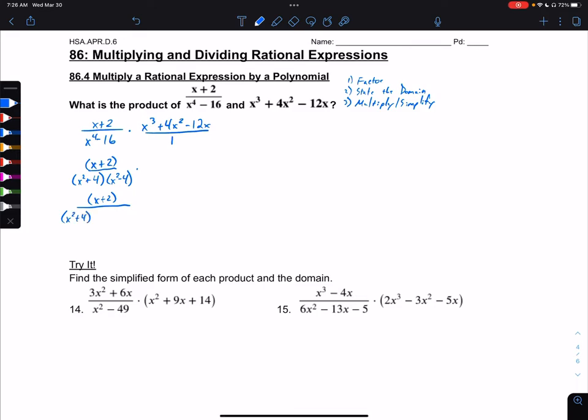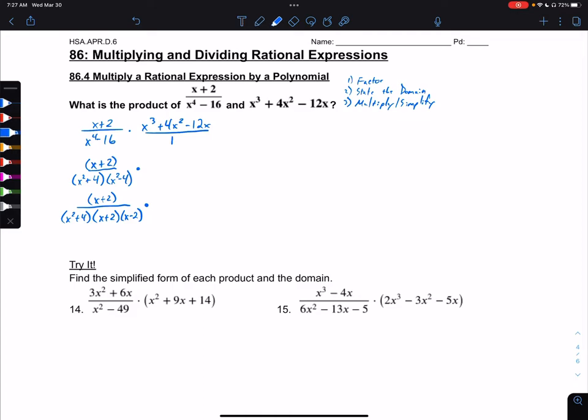The x squared plus 4, this one here, cannot be factored because it is a positive 4. It's the sum of squares, which would give us complex numbers, so we can't factor that one. So this would become x plus 2 times x minus 2. And then we can multiply. Okay, so just be aware of that. Always check to make sure the problem is fully factored.